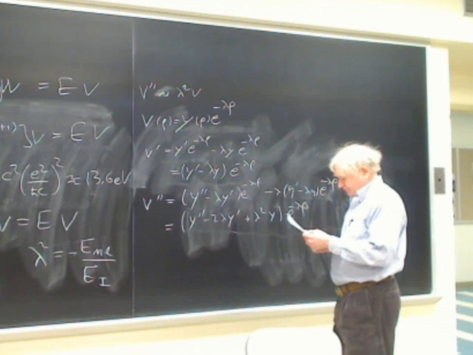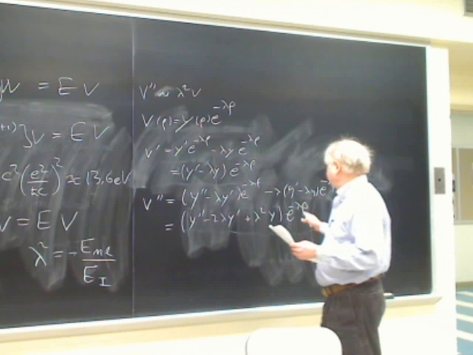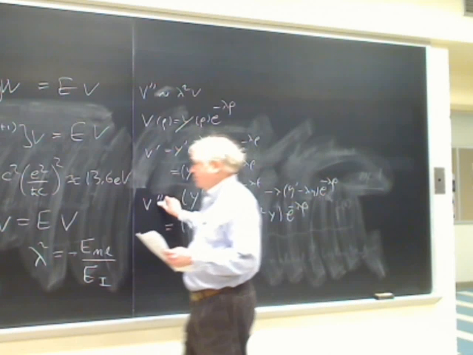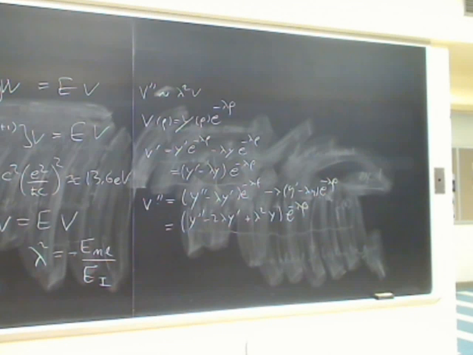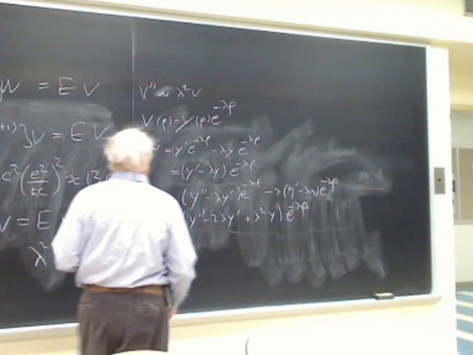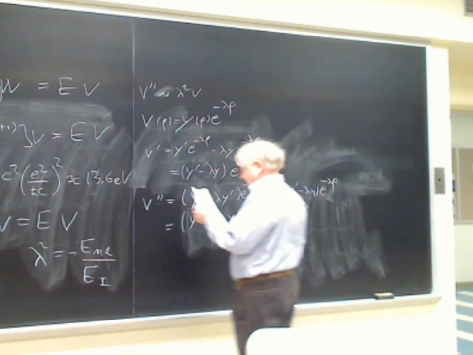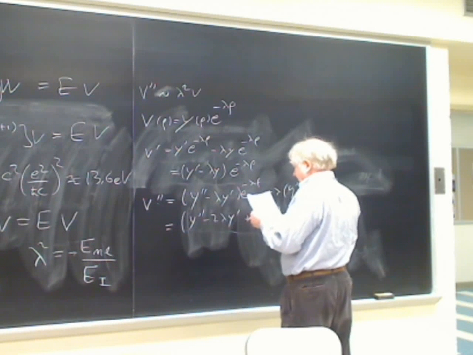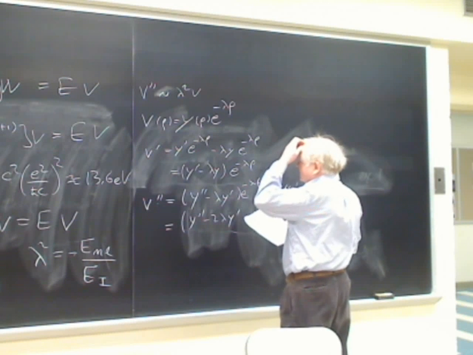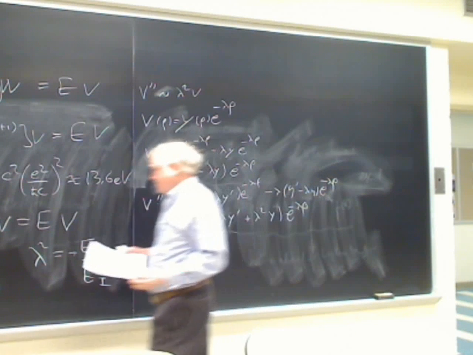And we can then put this expression for V double prime in this equation, and then the expression for V as y e to the minus lambda rho. And then what happens is one of the terms cancels.